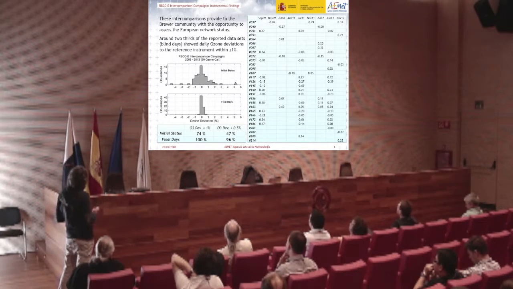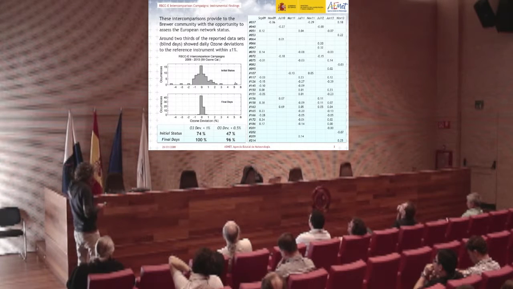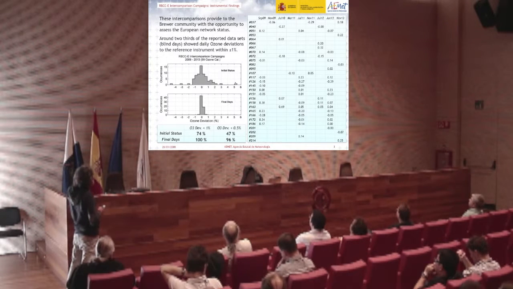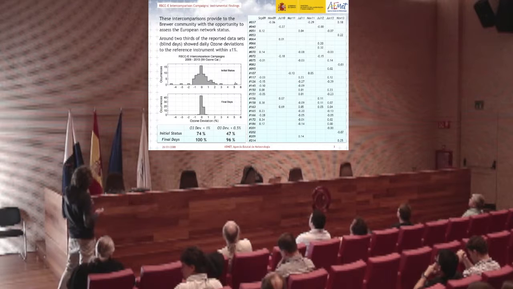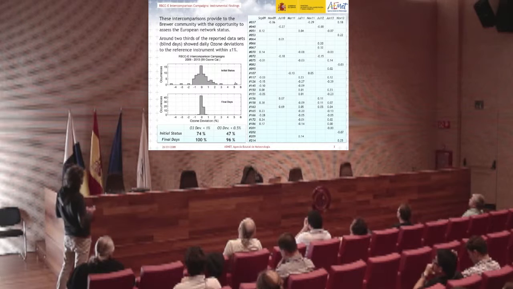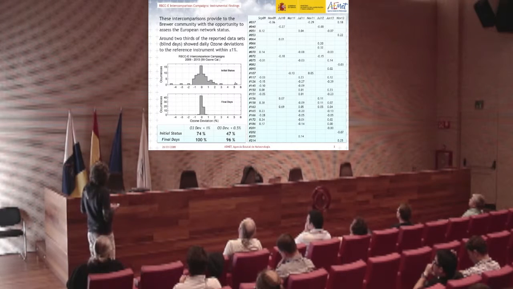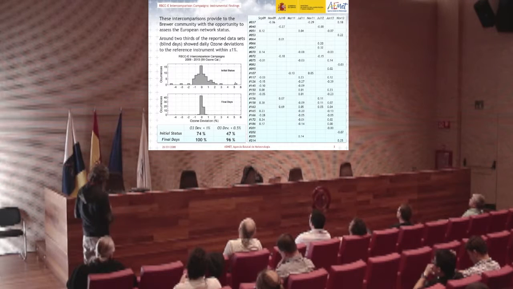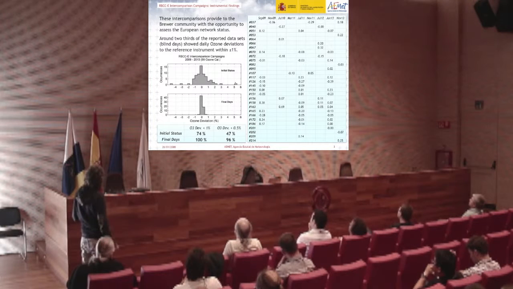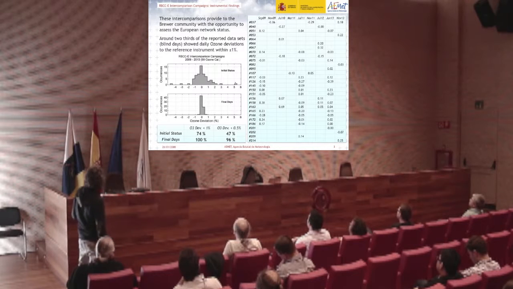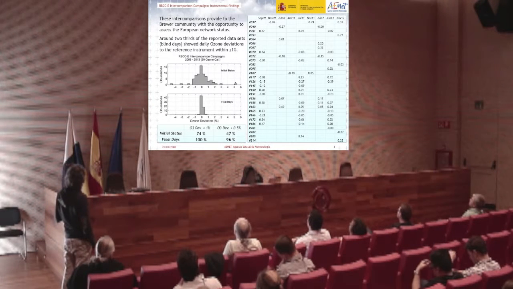Also, because of the high number of instruments participating in these campaigns, I think that we have a good opportunity to assess the status of the Brewer network, the European Brewer network. So we see that around 2/3 of the reported data sets show daily ozone deviations to the reference instrument within ±1%.